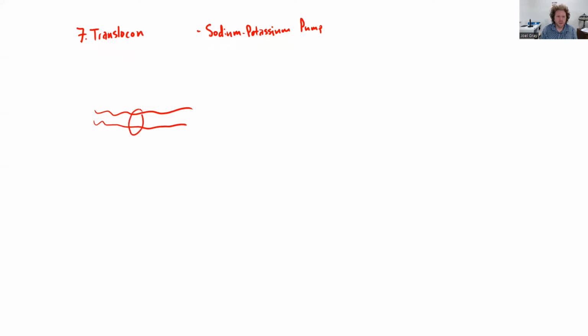Let's imagine that this is our lipid bilayer. These two horizontal lines are indicative of the polar head groups of my lipid bilayer. In this region in here is where my aliphatic or nonpolar chains are going to be found.